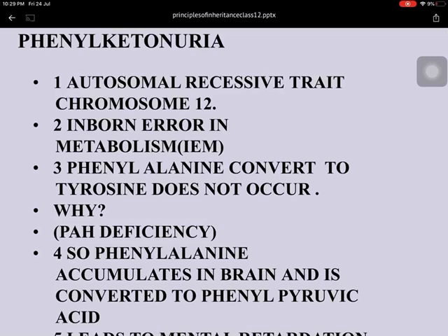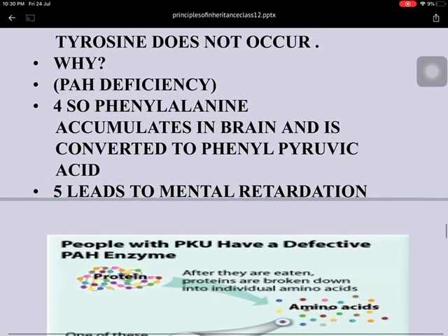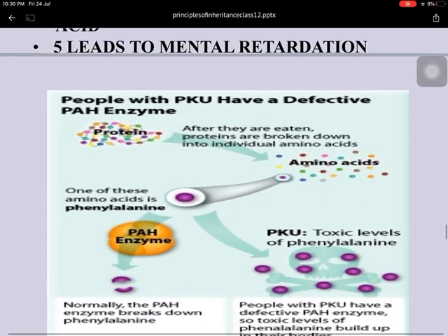Why? Because of the phenylalanine hydroxylase enzyme being deficient in amount, which causes a change of phenylalanine to phenylpyruvic acid, which accumulates in the brain and causes mental retardedness.